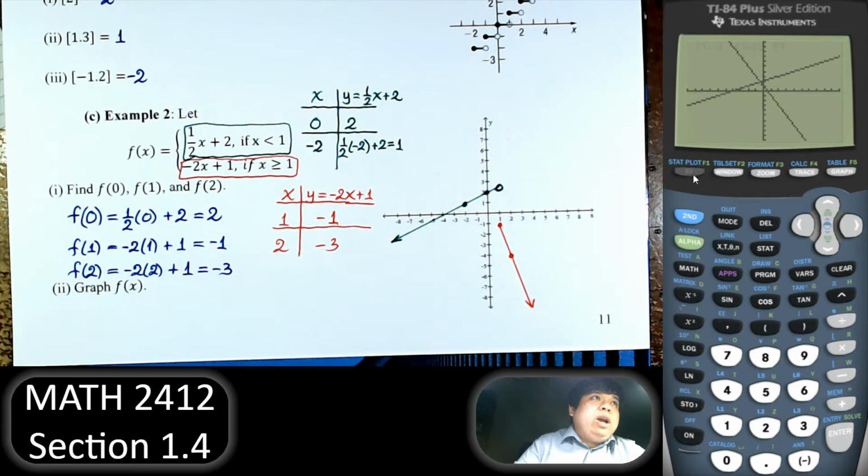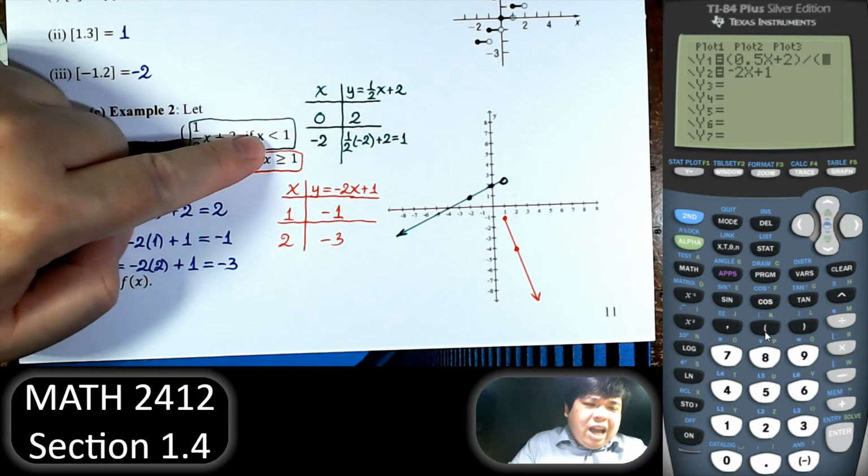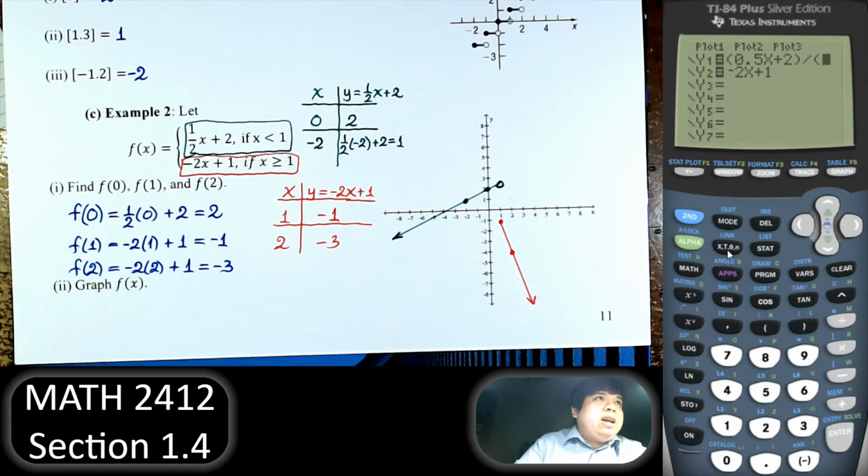What we can do here is, we will still enter 0.5x, let's put that in the parentheses, plus 2. Now we will do this trick. We will divide by, what? Now this is x less than 1, right? If we want to type less than, you see the text above the math button.